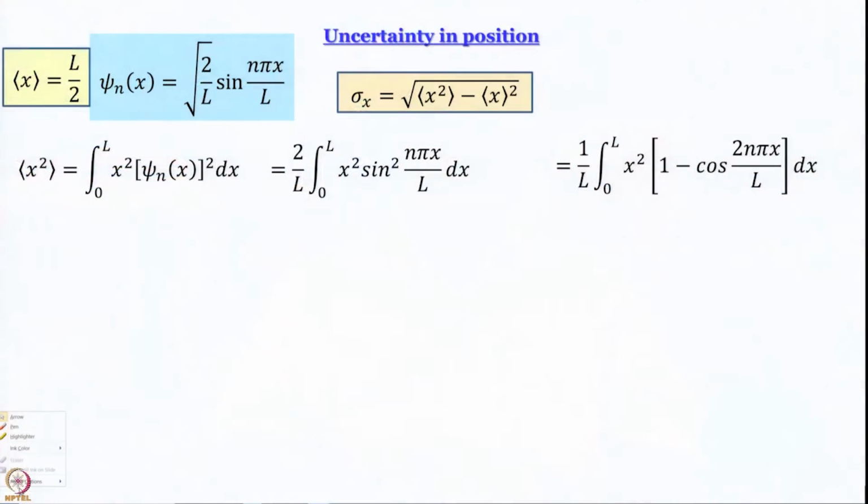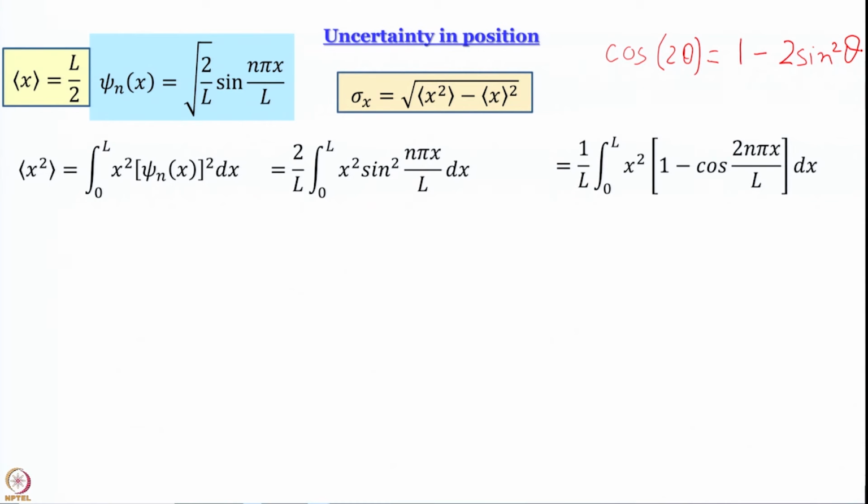And the formula that one can use very easily in this case, once again going back to class 11 mathematics, is the formula that we want to use: cos of 2 theta is equal to 1 minus 2 sin square theta.